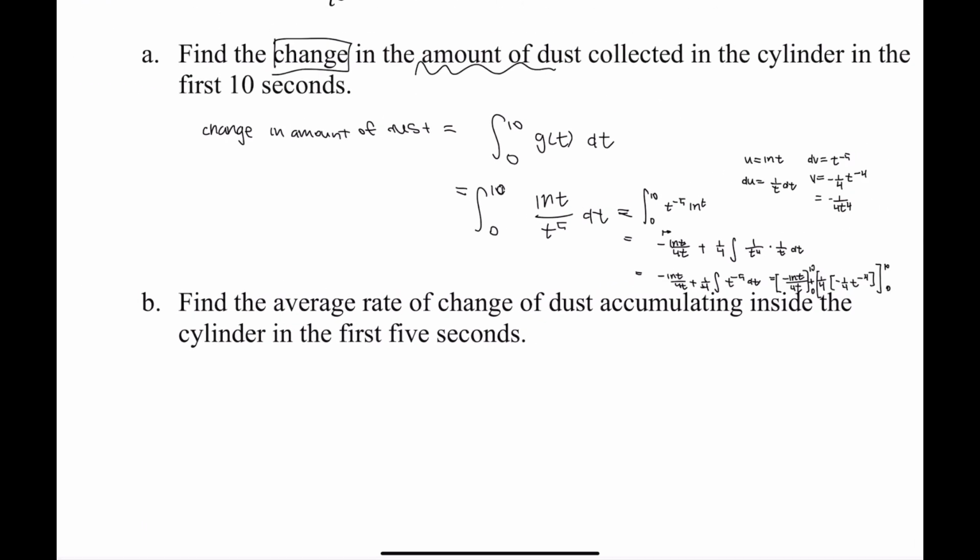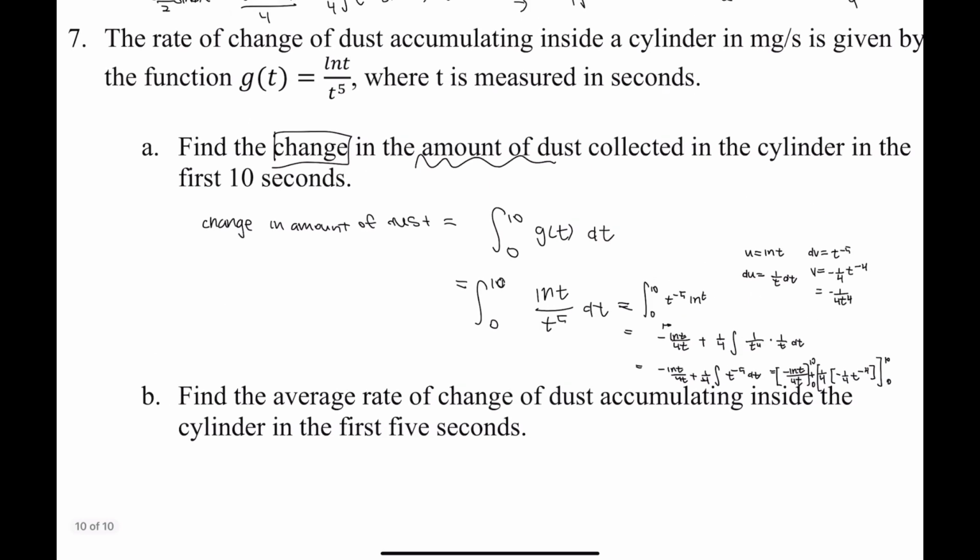And then it says find the average rate of change of the dust accumulating inside a cylinder for the first 5 seconds. Before we move on to part B, one thing I want to clarify for part A is that if it said find the amount of dust collected in the cylinder by t equals 10, then you would have to take into account the original amount of dust in the cylinder before you start the timer.